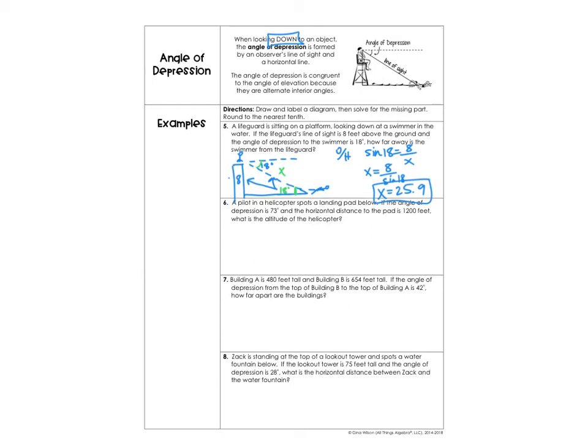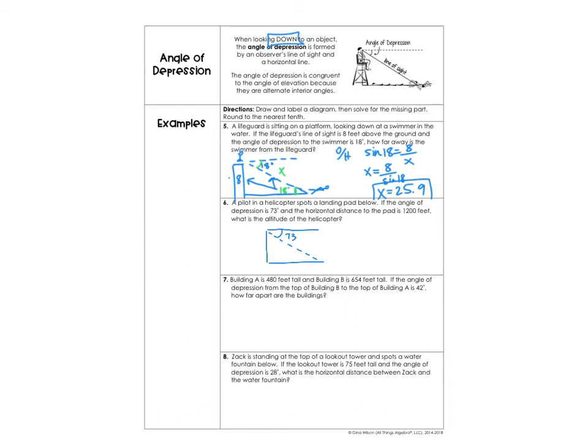A pilot in a helicopter spots a landing pad below. If the angle of depression is 73 degrees, so here's our horizontal line, here is our line of sight, and here's our angle of depression. It's 73 degrees.